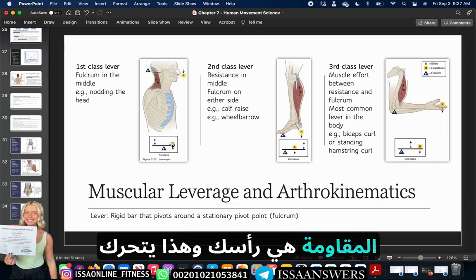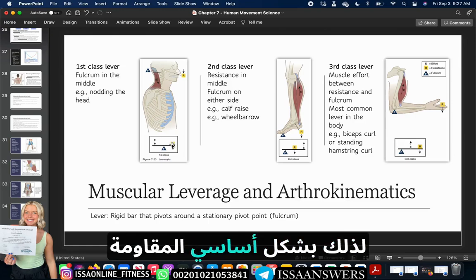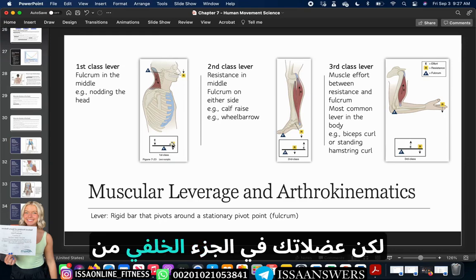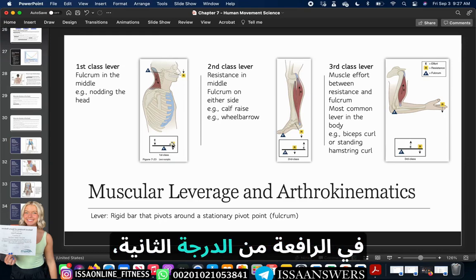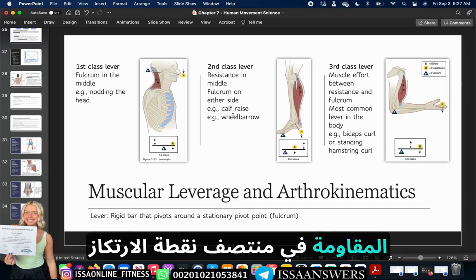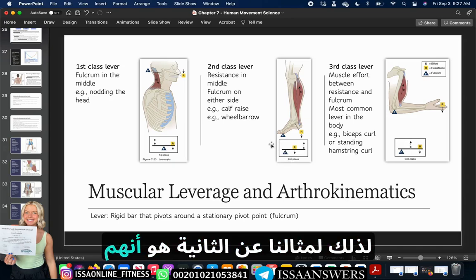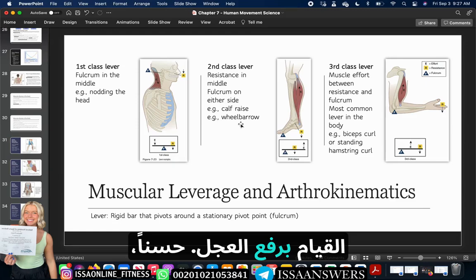Like nodding your head, the resistance is your head, and that's more moving forward. So basically the resistance is moving your head down, but the muscles in the back side of your head will keep your head up. In a second class lever, the resistance is in the middle of a fulcrum on either side. The example here is the wheelbarrow, or doing a calf raise.